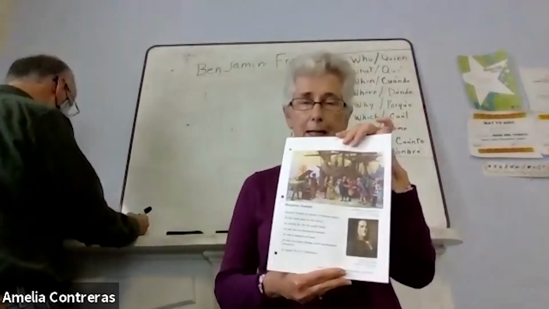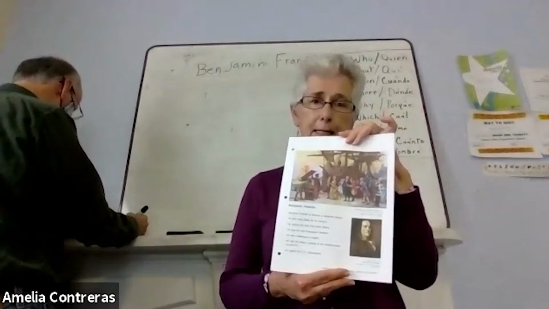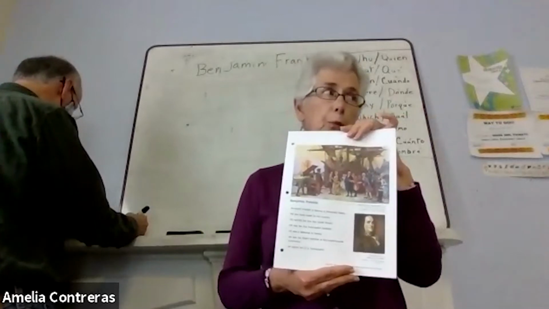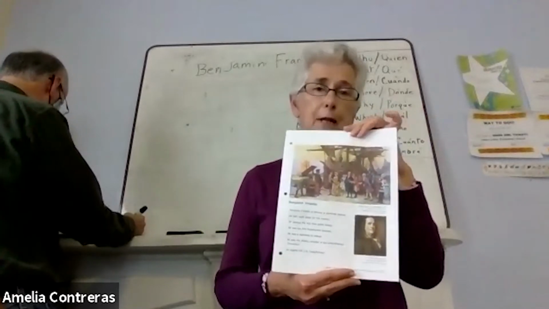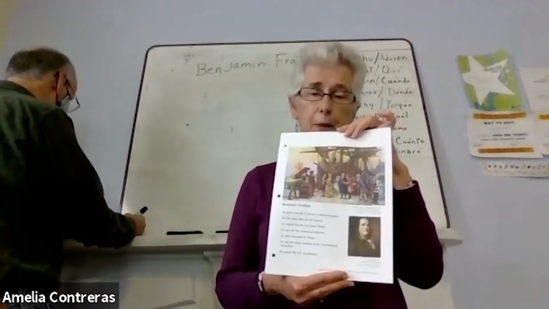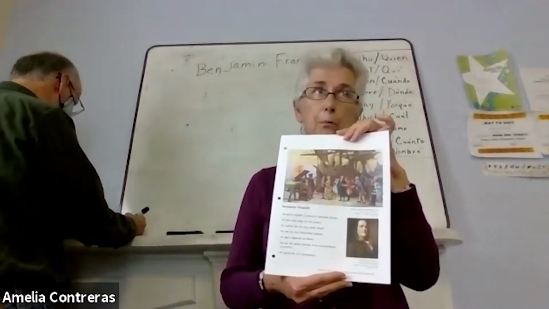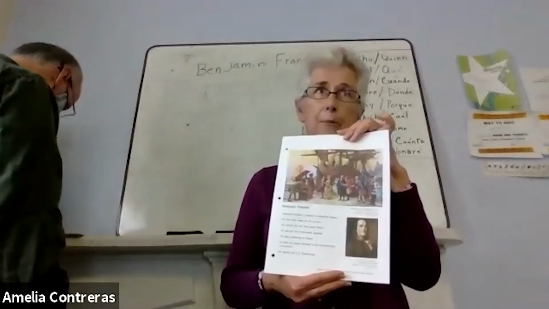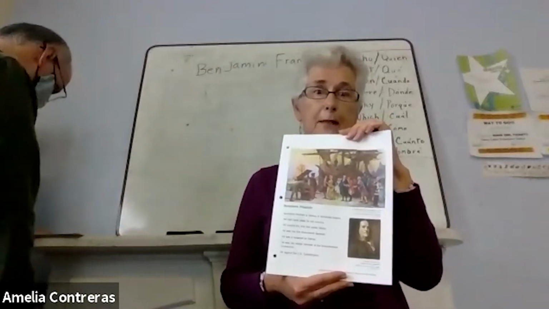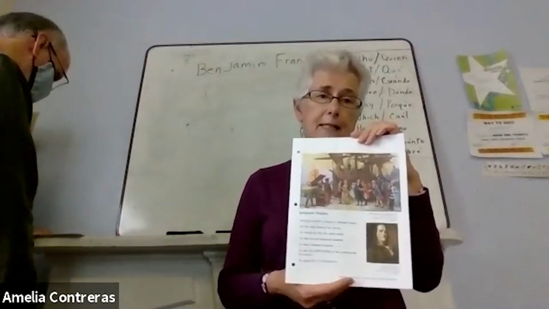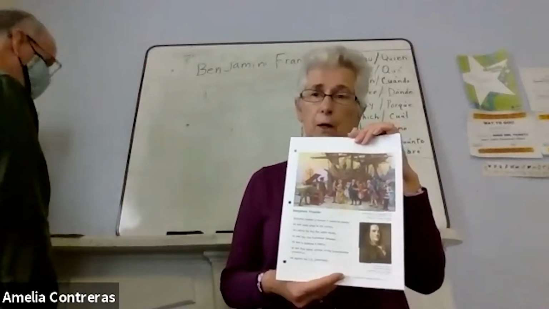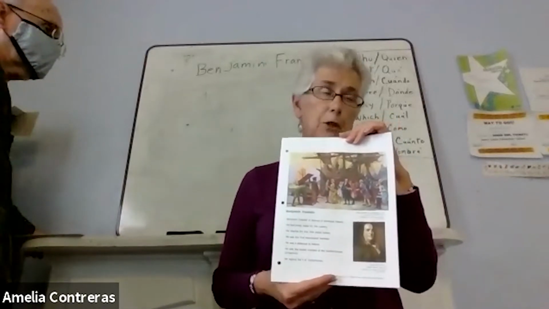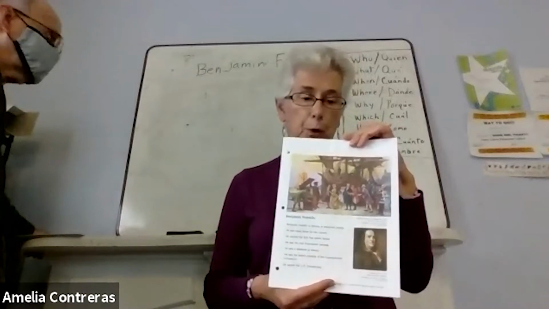Before that, he had gone to France during the Revolutionary War to ask them to help us to fight the British. Now, the French and the British were enemies, so it was feasible that they would help us, and they did. And then in 1783, with the help of the French, we won the Revolutionary War.